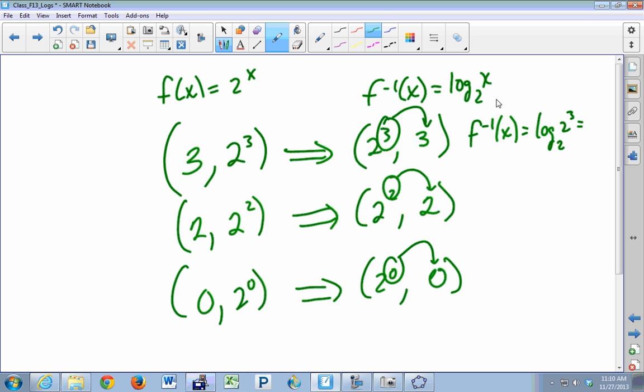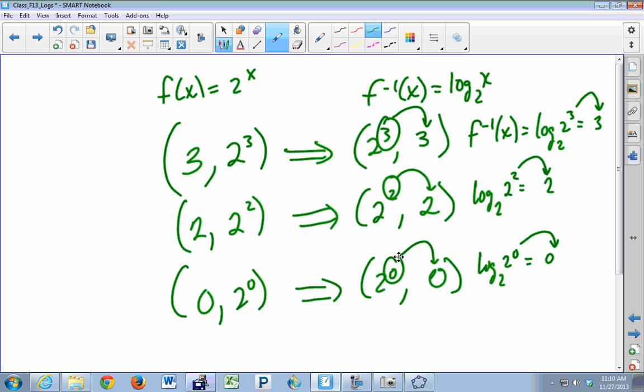When I put 2 to the third into my log function, my answer is 3. I lift off my exponent. Here's F inverse, log base 2. What do I put in? 2 squared. My answer is 2. I lift off my exponent. Log base 2 of 2 to the 0. My answer is 0. I lift off my exponent. All you're doing is saying, what number do I raise 2 to?